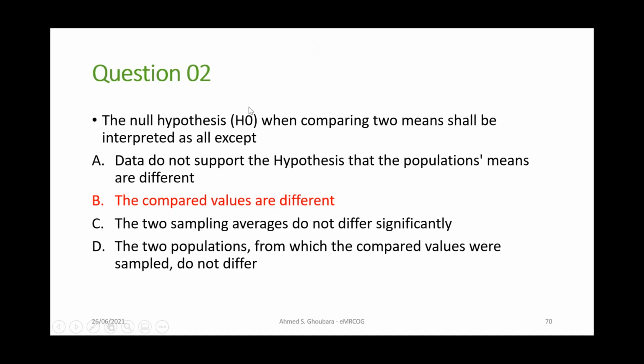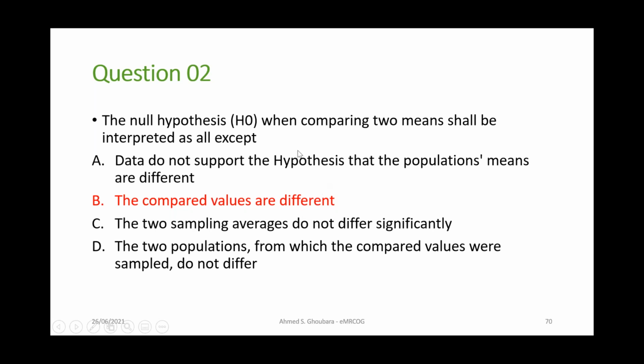So the negative hypothesis, when comparing two means, shall be interpreted as all except: that data do not support the hypothesis that population means are different. No, this is incorrect. This is correct. But we're talking about the incorrect values. Compared values are different. No, the correct values are not different. So this is the incorrect answer. This is what we should choose in the exam.